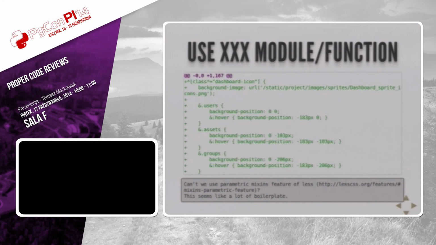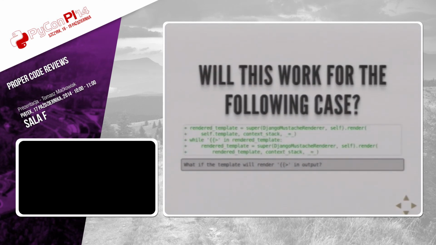Why would you do that by hand? And I looked a bit on the documentation of less, and of course there's something that is called parametric mixins that you can use to generate this much quicker. You just write like a function that generates all this stuff. So pointed out something that can be used to ease your daily struggle.